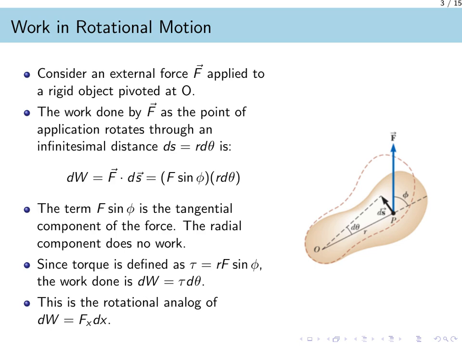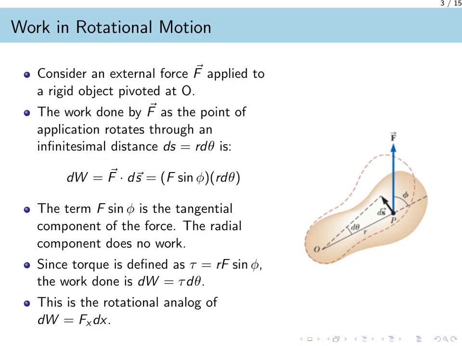The radial component, which points toward or away from the pivot, is perpendicular to the motion and contributes nothing. This tangential component of the force is given by F sin φ. So the work dW is the tangential force, F sin φ, multiplied by the arc length, r dθ.